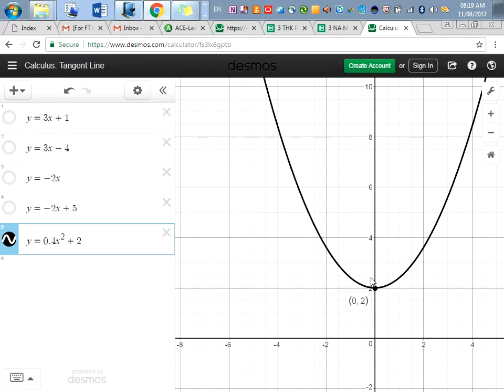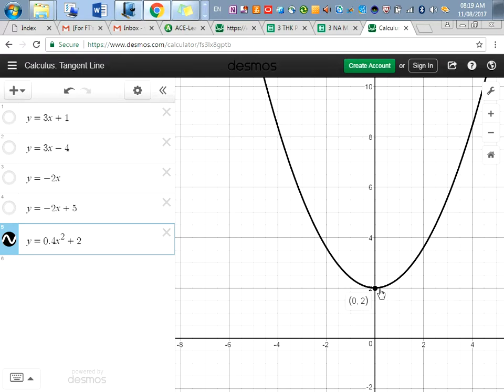At this point, it is flat. Okay? The minimum point over here, it is flat. So what do you think the gradient is when it is flat? Like our classroom, it is flat. What is the gradient? 0. Okay, gradient over here is 0.